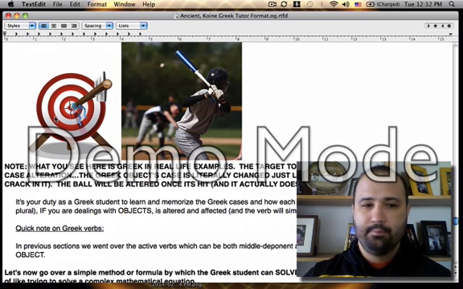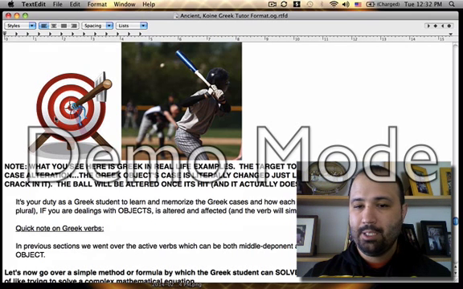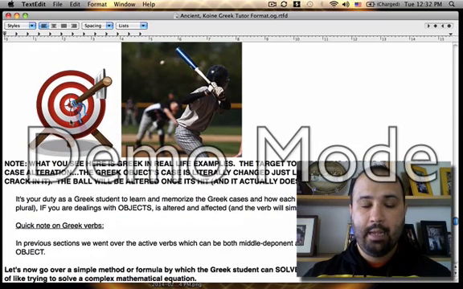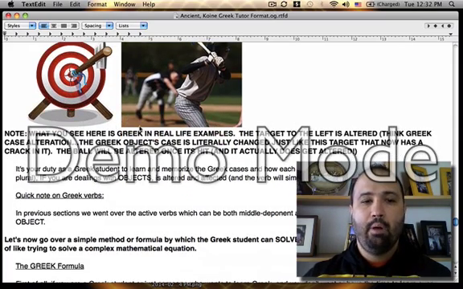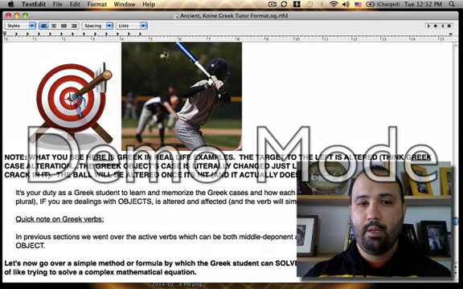It's been altered. The Greek object's case is literally changed, just like this target that now has a crack in it. The ball will be altered. See the ball? Once it's hit, it actually does get altered.